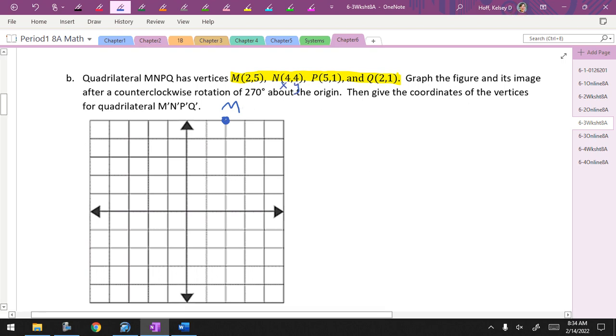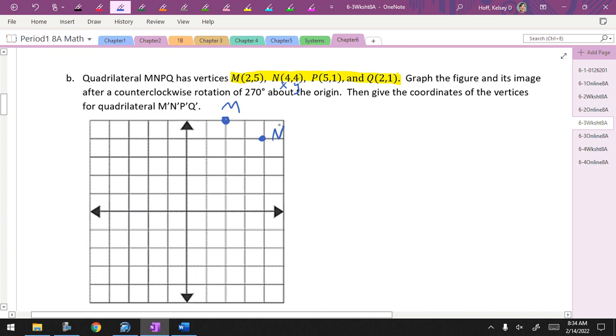How do I get to 4, 4? Okay, but it's 4, 4. So my X is 4 and my Y is 4. So if I start at 0, 0, where do I have to go? Right 4, up 4. And that one's going to be called N.